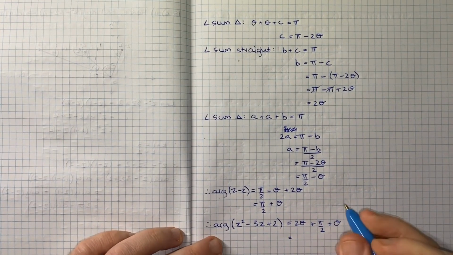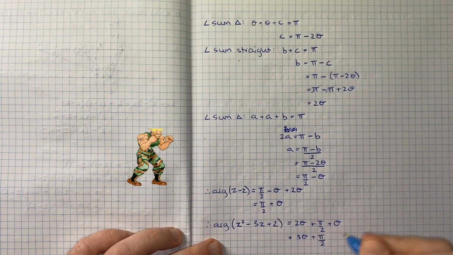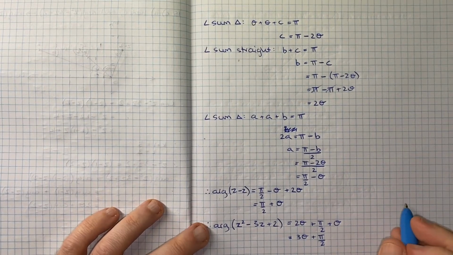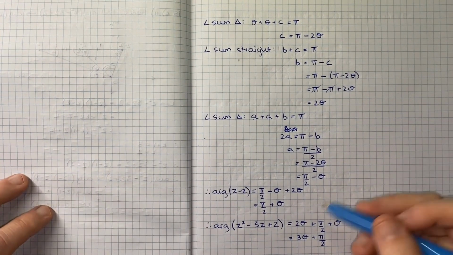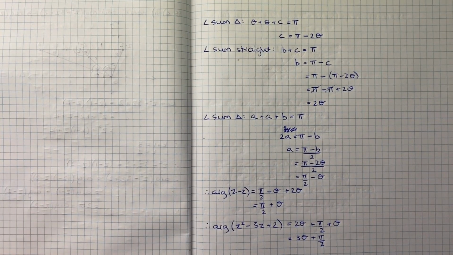So that will be 2 theta plus 1 theta is 3 theta plus pi on 2. Boom! And that's the end of that question. So we've got our arg of z squared minus 3z plus 2 in terms of theta and another constant, pi on 2. But theta is the only variable in there. And that's what we were asked to show.